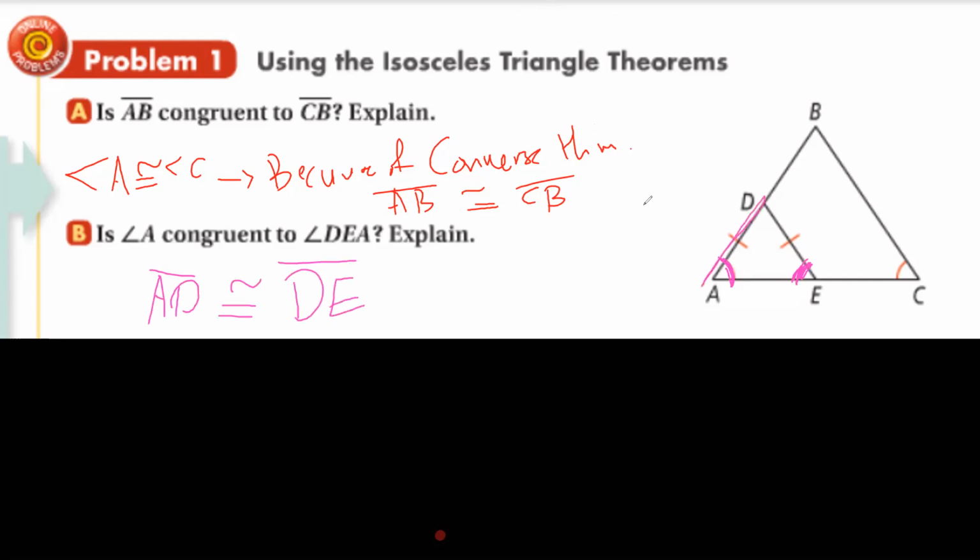Since these two sides are congruent, angle A is congruent with angle DEA because of theorem 4-3. In 4-3, we say that if two sides are congruent, then their opposite angles will be congruent too. What are the opposite angles here? Angle A and angle DEA. Since their sides are congruent, the angles will be congruent too.